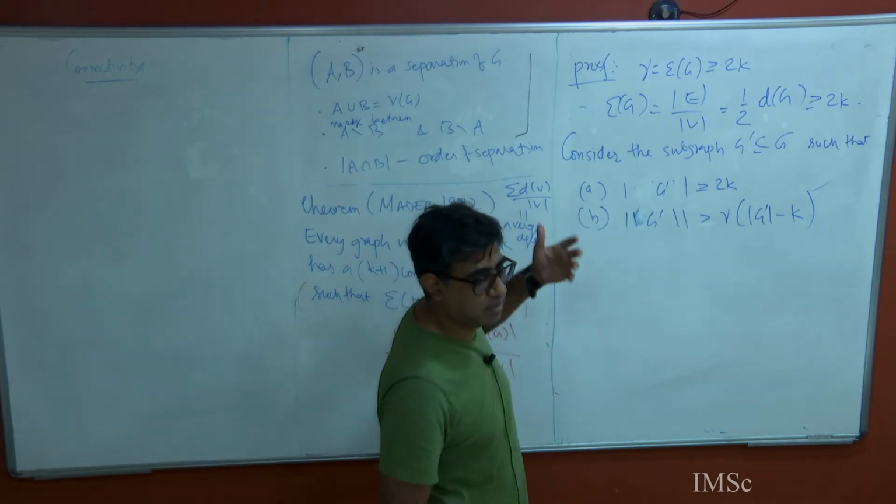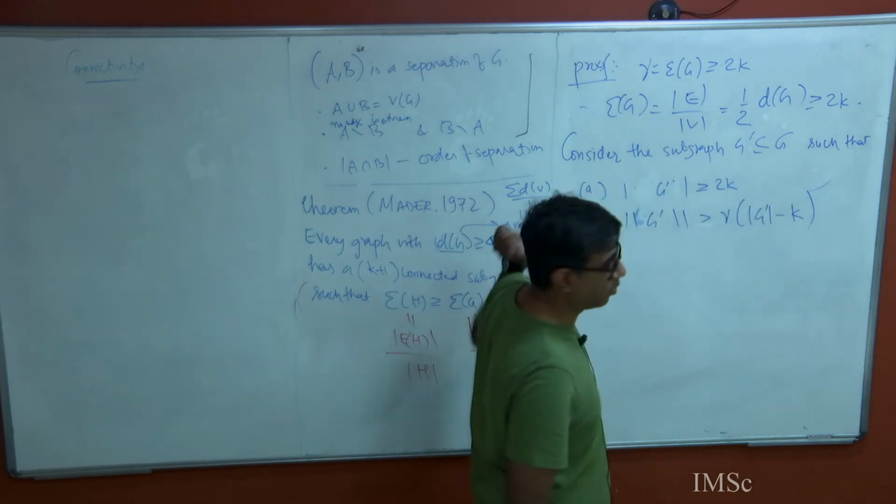So I want to consider the subgraph G prime subset of G such that these properties are satisfied.